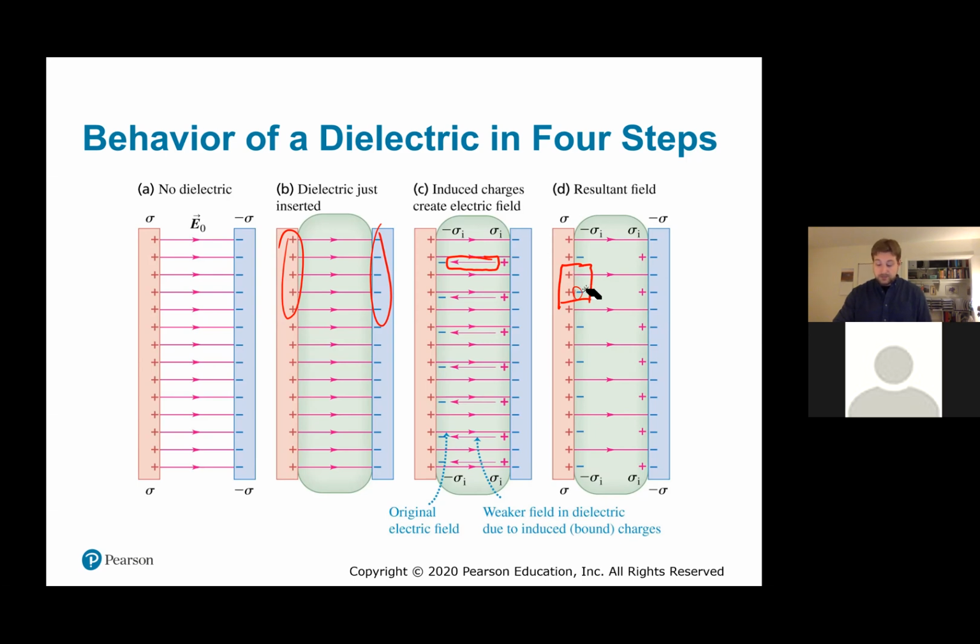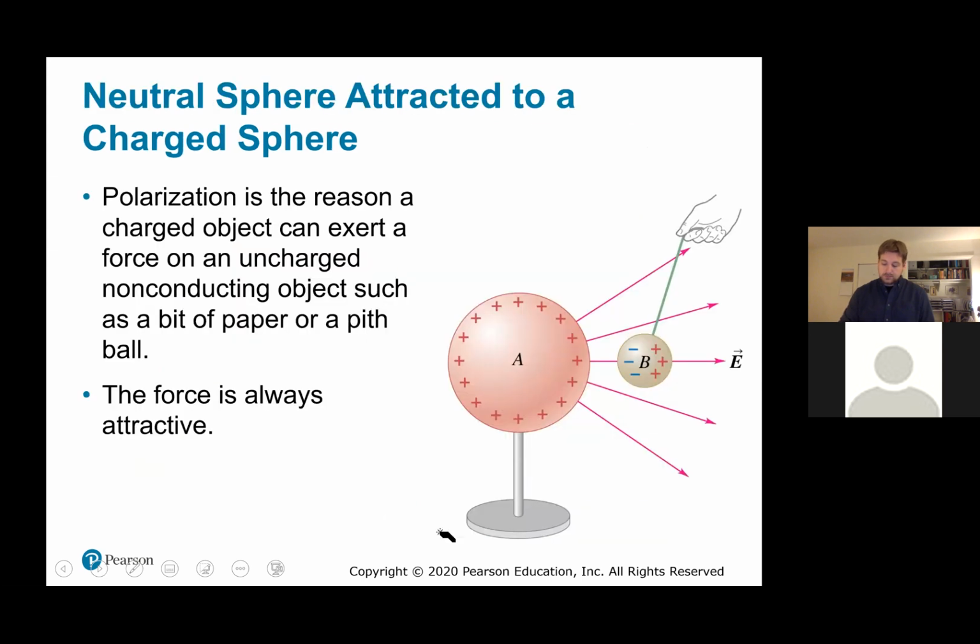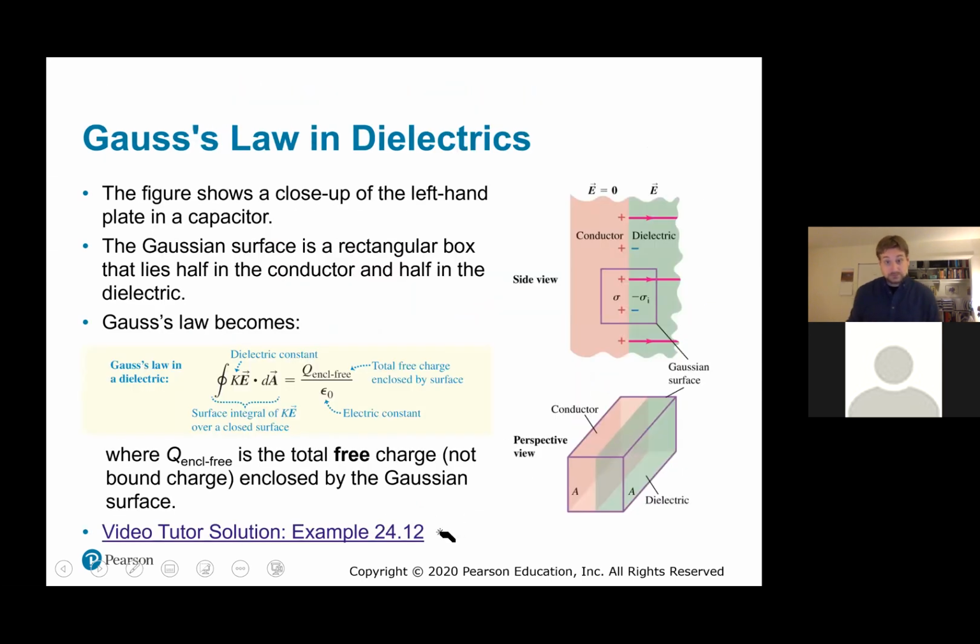And the answer is no. We include the free charge, not the induced polarization charge as a result of reorganizing the molecules in the dielectric. We still only care about the surface charge density of the conductor.